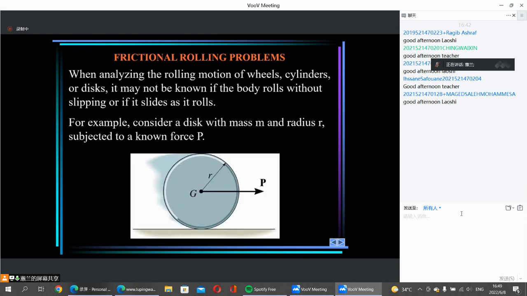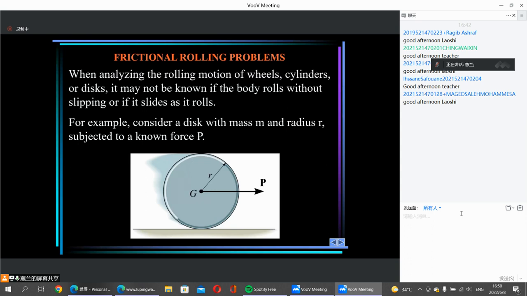So for problems of a rigid body doing general plane motion, sometimes we will meet problems involving friction force. It will be a little bit more difficult, because we need to decide not only the magnitude of the friction force, but also its direction. And moreover, the friction force may be static friction or kinetic friction.